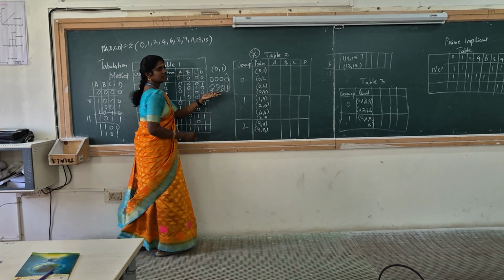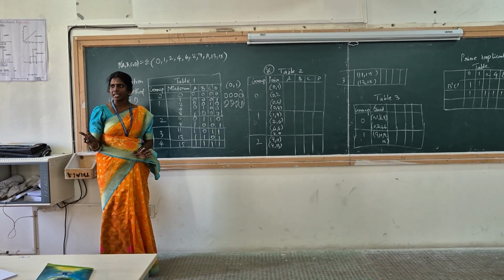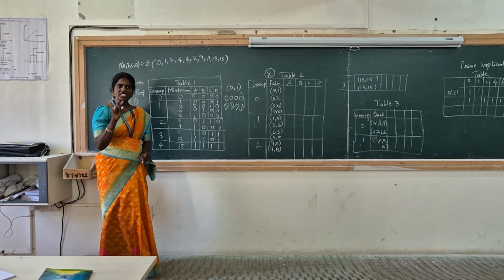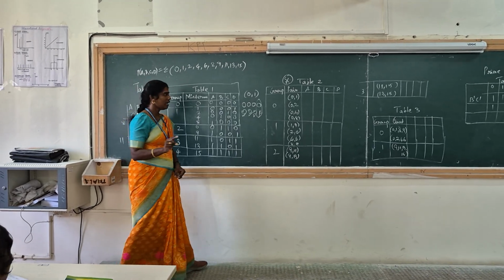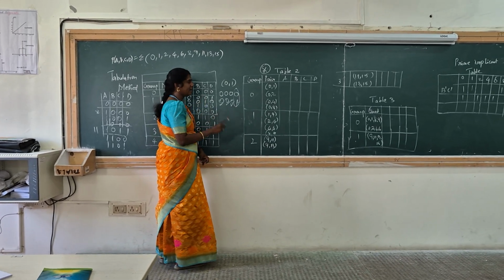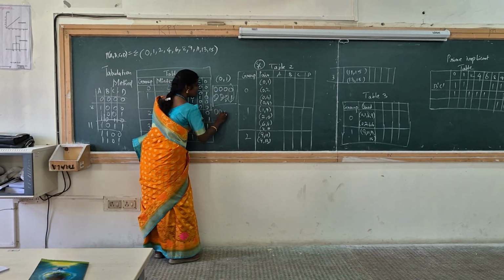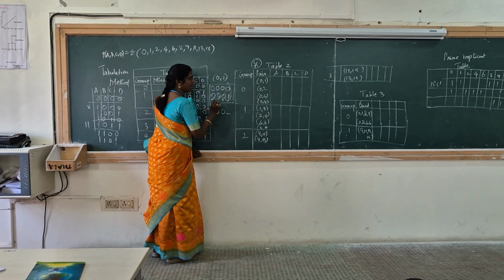What about this least significant bit? Please check which bit is varying over there. Is it only 1 bit changing or 2 bits changing here? It's only 1 bit. So I can write these both as 0, 0, 0 and hyphen.